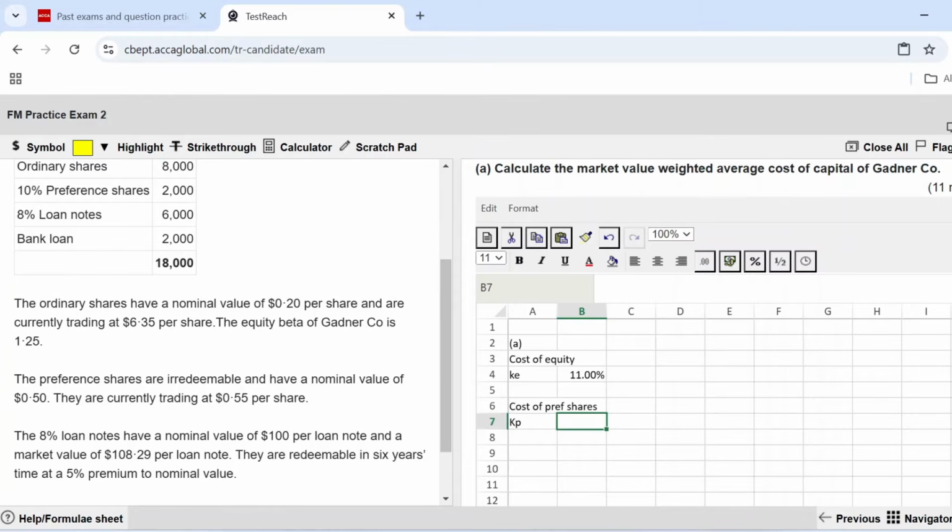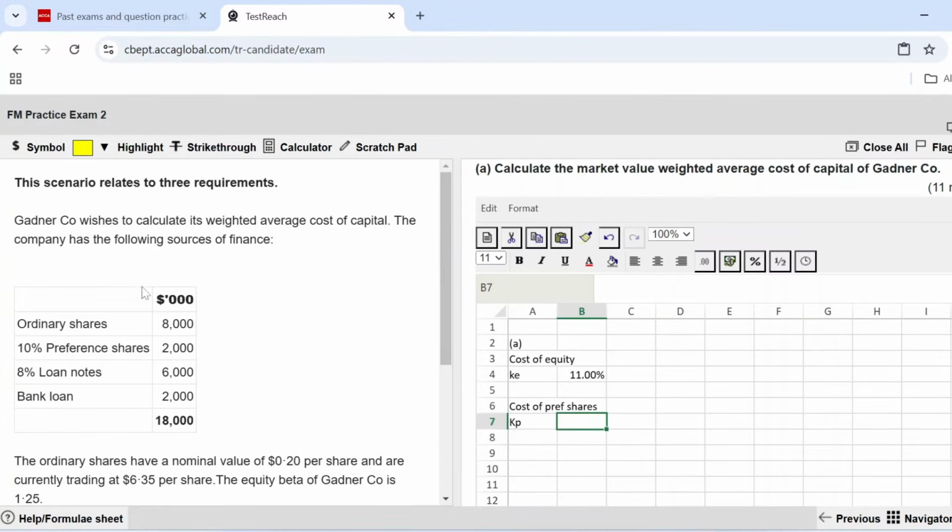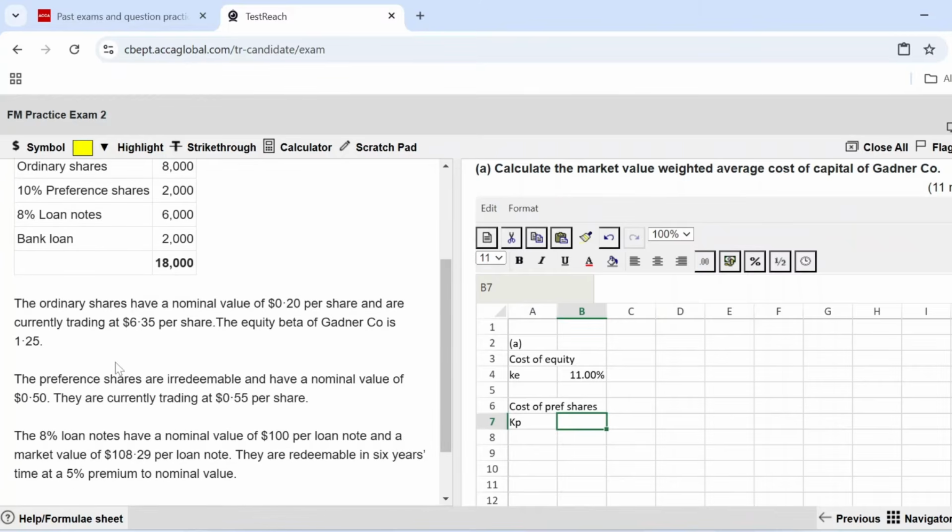This is the nominal value of 0.5 and the market value is also given to us as 0.55. So now the cost of preference shares, as you can see, these are 10% preference shares. 10% dividend is given on their nominal value, which is 0.5. So first we will find out the dividend. Dividend that they give equals 10% of 0.5.